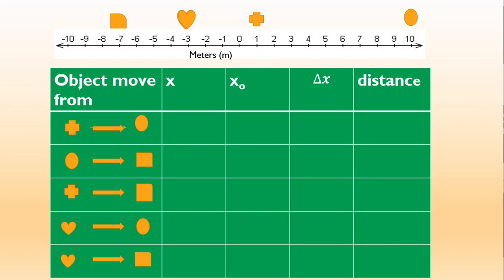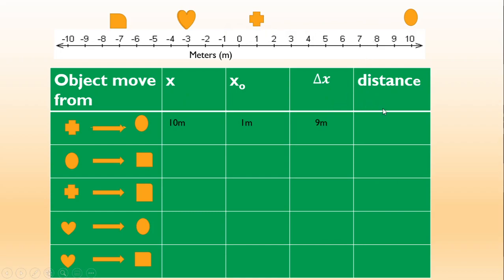So if plus is moving to the oval, plus is going from 1 to 10. So 10 is your final, and XO is your original.